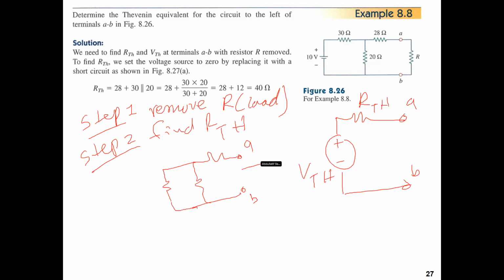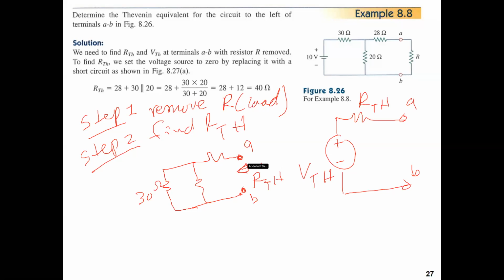And then we determine RTH looking between the two terminals of the load. We don't find RTH from this side, for example. We have to find it from where the two terminals are connected. This is a very simple circuit. Always we start from the opposite end of where we are determining RTH.